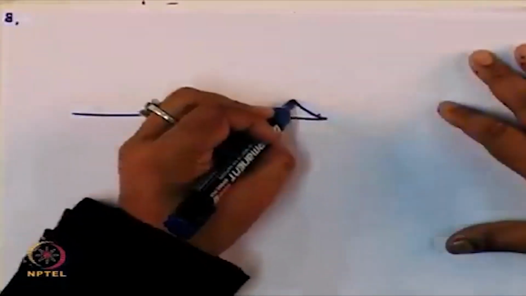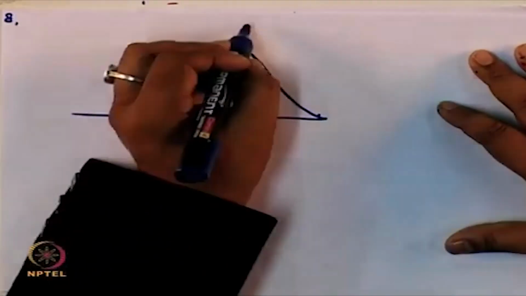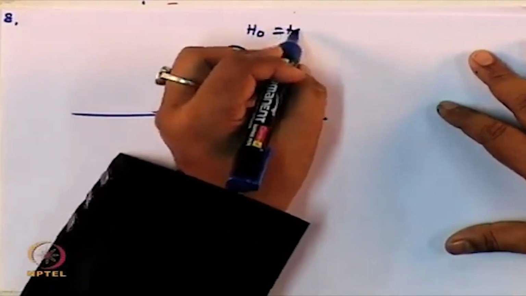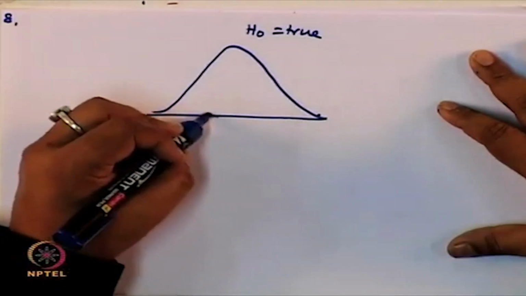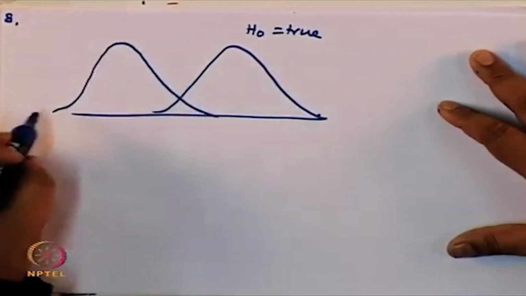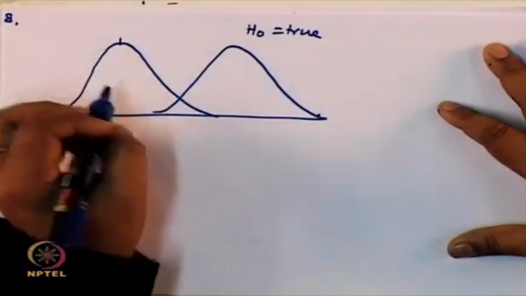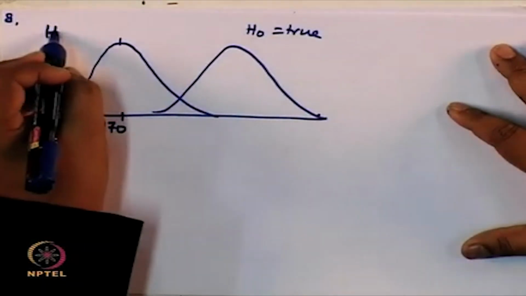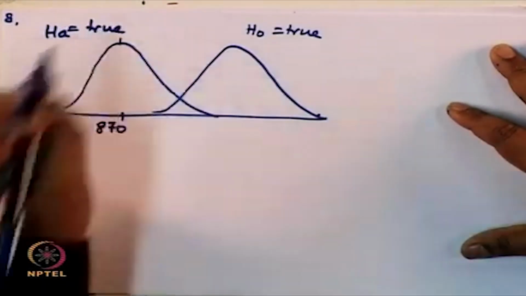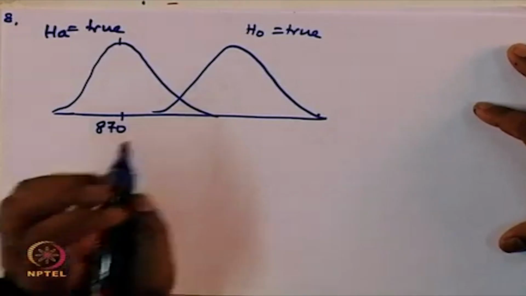So, if I were to draw this curve together, this is H naught equal to true. This is centered around 870, this is H A equal to true, that mu is not equal to mu naught.